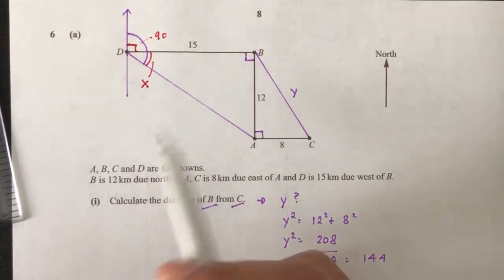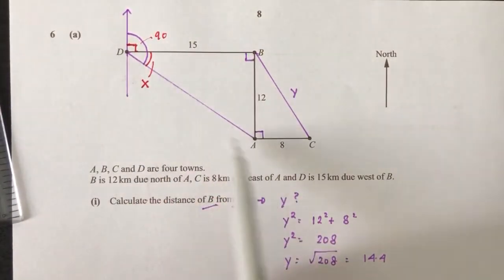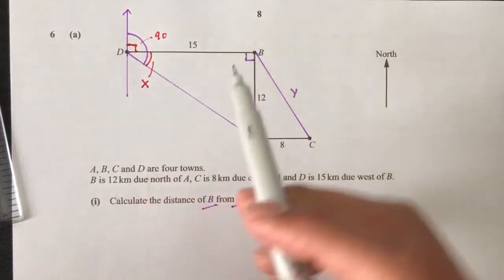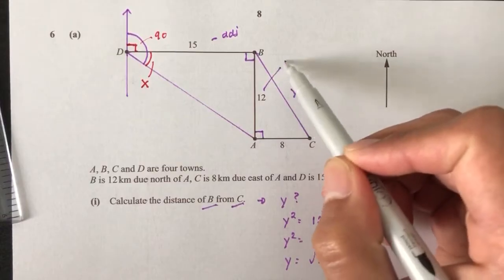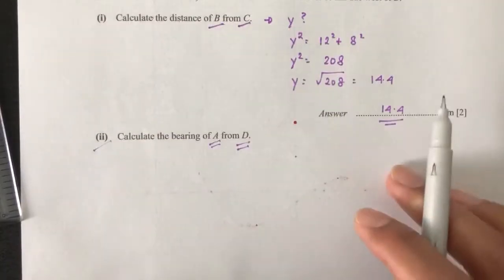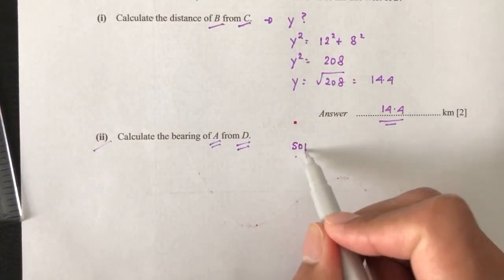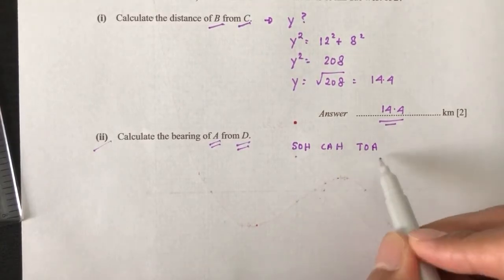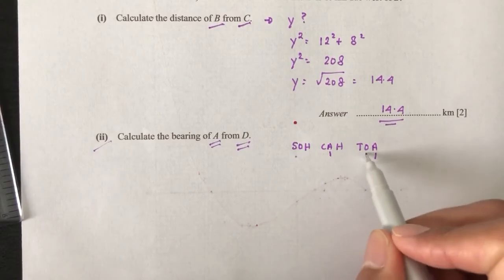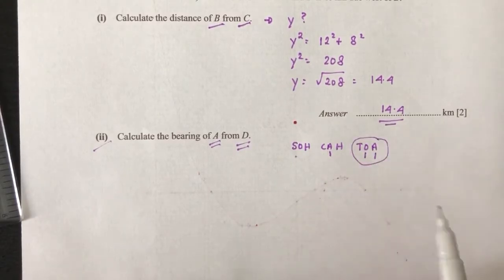We observe again, here we have a right angle triangle. This is the adjacent side, and this is the opposite side. So we have to use SOHCAHTOA. We know the adjacent side and the opposite side, so we use tan.